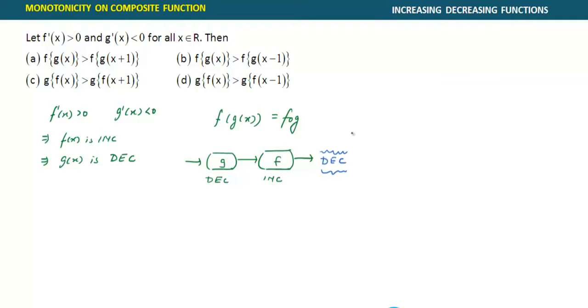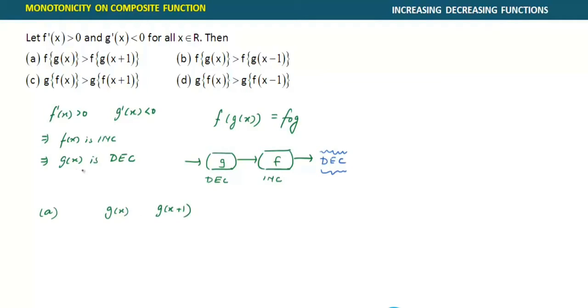Now how will I prove it to you? Let's take two values. Let's say we are trying to solve option A. So g(x) and g(x plus 1). Which one of them will be greater?